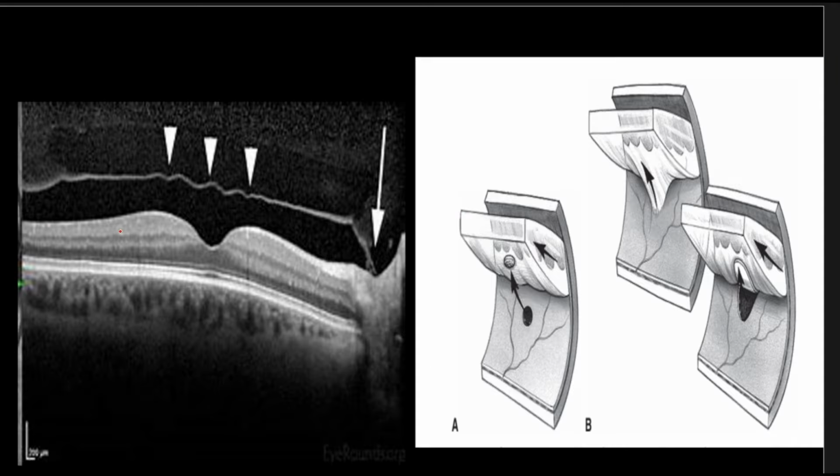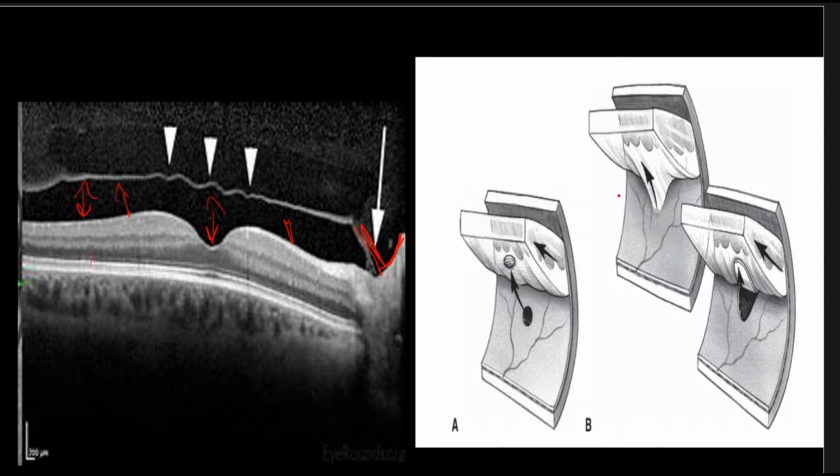As you can see in this OCT, this is your retina, this is your vitreous, and you can see the vitreous has separated from the retina almost entirely except at the disc location, right? So what did I tell you initially in the video on retinal tears and holes? That we can have a lot of variety in the retinal breaks. We have holes and we have tears. There are some places in the retina where you have dense vitreoretinal adhesions, right?